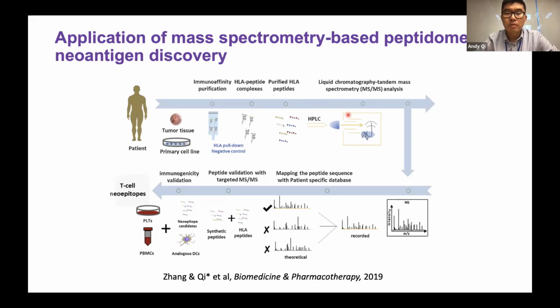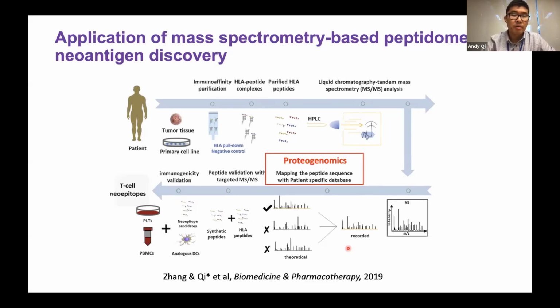The purified peptides are subjected to LC-MS analysis. I was asked multiple times what proteogenomics is. From my perspective, it's a catchy word, because proteogenomics just combines these 2 techniques. We use genomics analysis to unveil the mutations or variants from the patient, and then incorporate those mutations into the reference database.